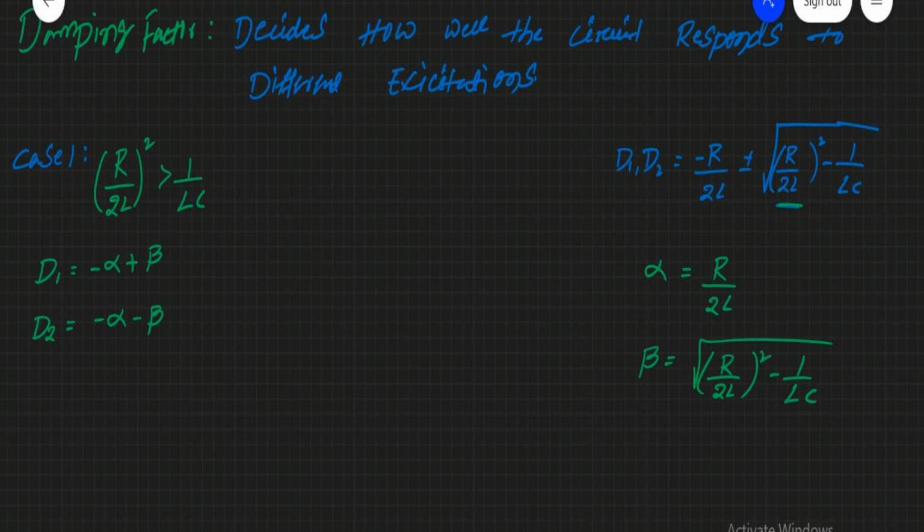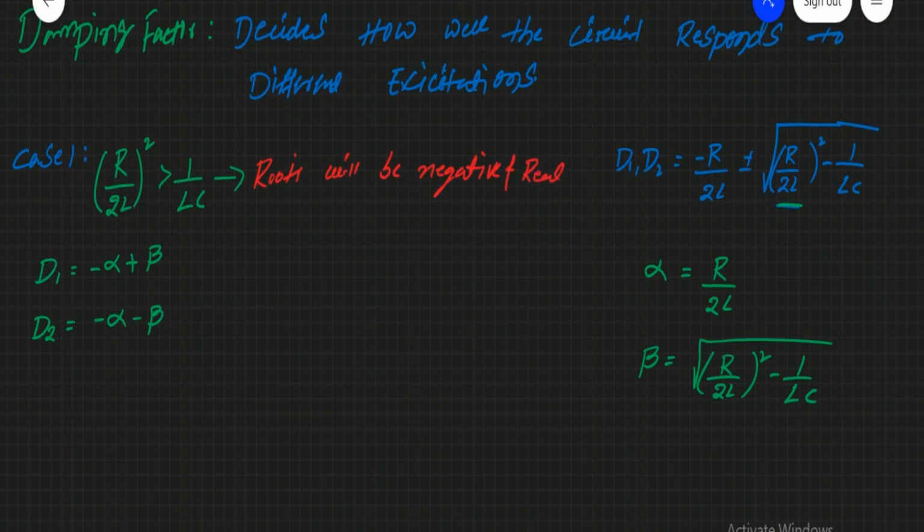So minus alpha plus beta and minus alpha minus beta, in this case the roots will be negative. When (R by 2L) whole square is greater than 1 by LC, the roots will be negative and real.